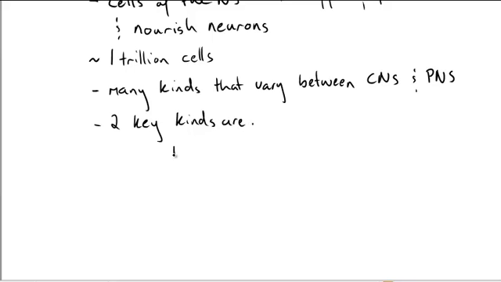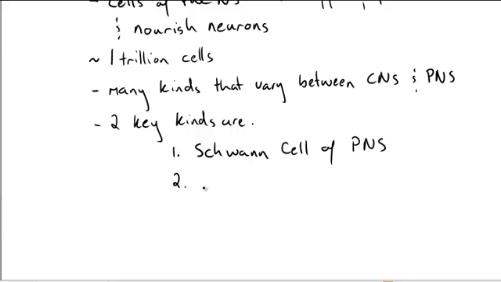So the first one is the Schwann cell, spelled S-C-H-W-A-N-N for its discoverer. The Schwann cell of the peripheral nervous system, PNS.